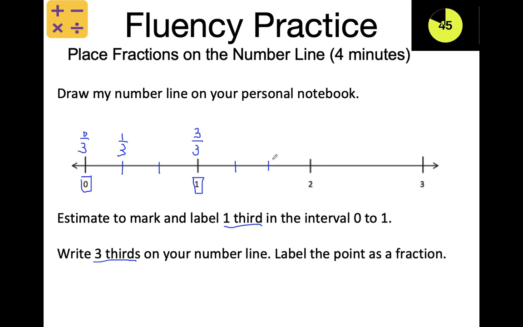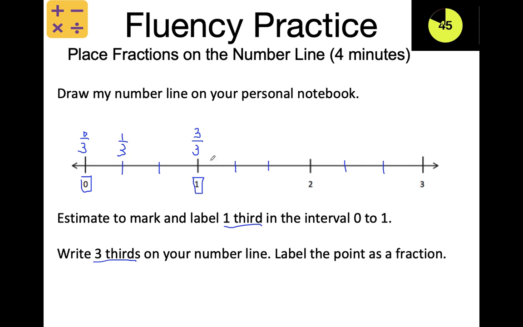So you can see I have 1, 2, 3 equal parts between 1 and 2, and then 3 equal parts between 2 and 3. I do want to challenge you guys to label your number lines and remember what the whole numbers might be. So if I were to go from 0/3, 1/3, 2/3, and there's 3/3, if we keep counting on, we're going to find out what the whole numbers of 2 and 3 are.